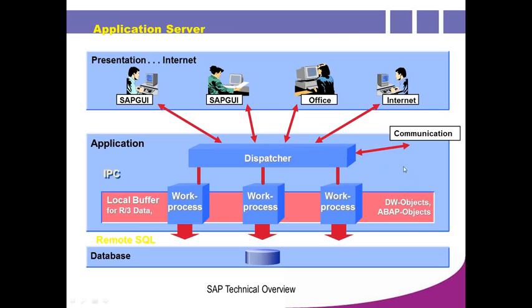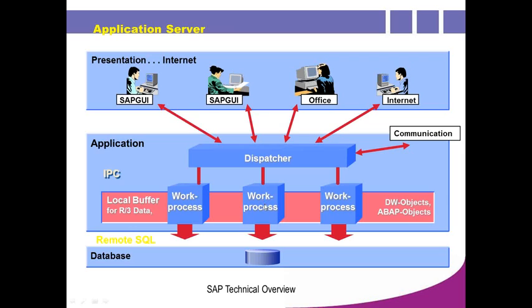As we saw in the previous slide, I have 6 instances. Each and every instance has one dispatcher and some work processes. These processes take care of your request, go to the database, and fetch your data. For example, you are inserting an ATM card in an ATM machine, which is the presentation layer. Your request goes to SAP through the dispatcher.